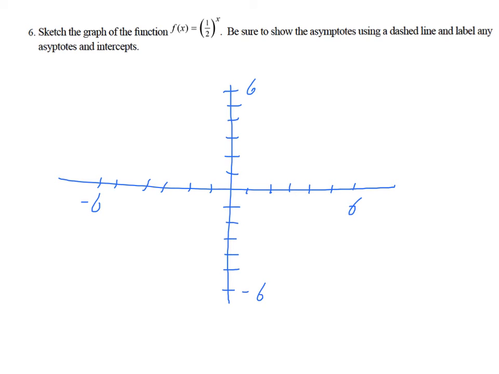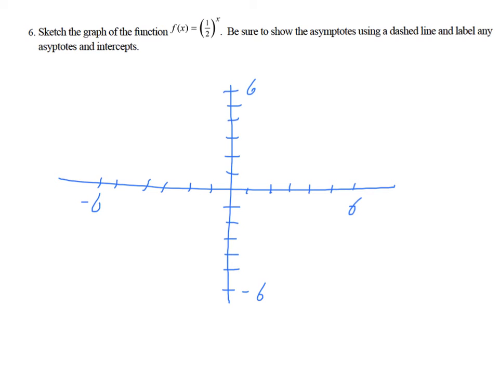All right, now, first of all, looking at this function, let's just kind of look at what's happening here. I see that this value is a 1/2. That means this function is going to be a decreasing function. Notice that it doesn't have any h and it doesn't have any k. And it doesn't have an a value out there to affect it either.